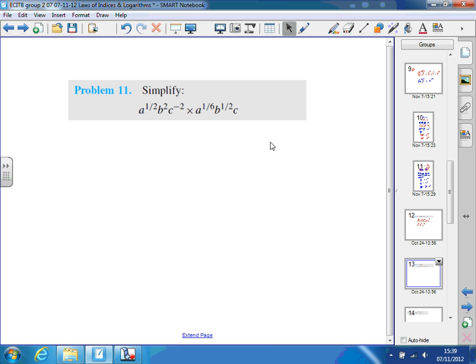In this case, I would collect the a's together: a to the half times a to the 6th times b squared times b to the half times c to the minus 2 times c. You don't need to write this intermediate step down, but you can see them grouping together.